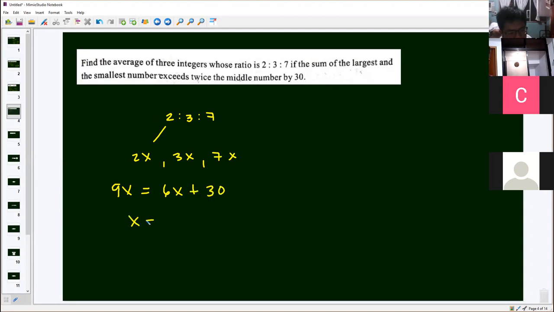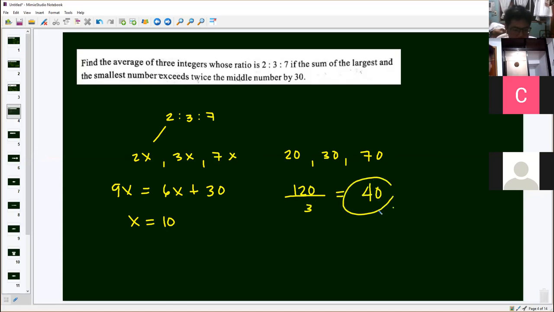So 3x is 30, x is 10. Diba? That's an easy one. So the actual numbers are 20, 30, and 70. The sum is 120. Divide this by 3, the average is 40. Right?